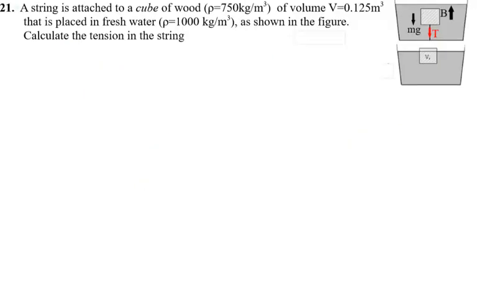In this question, they say that a string is attached to a cube of wood, and they give you the density of wood and the volume of the cube that is placed in fresh water, and the density of the water is also given, as shown in the figure. Calculate the tension in the string.